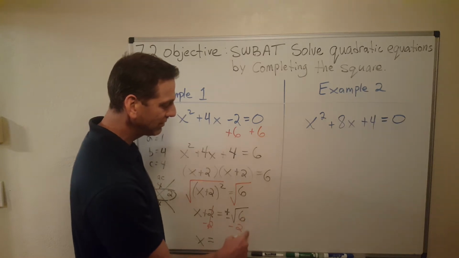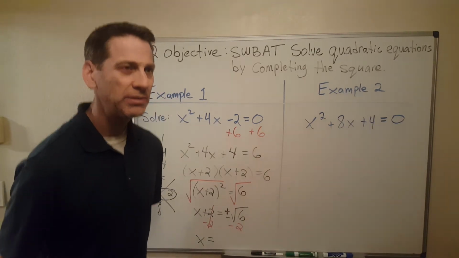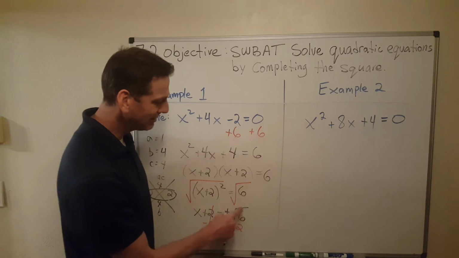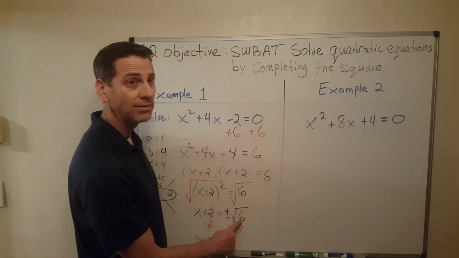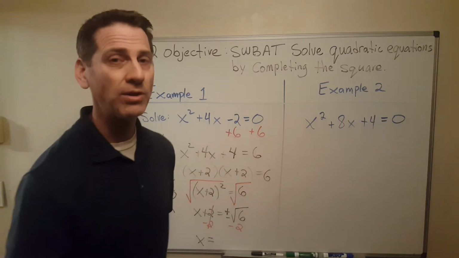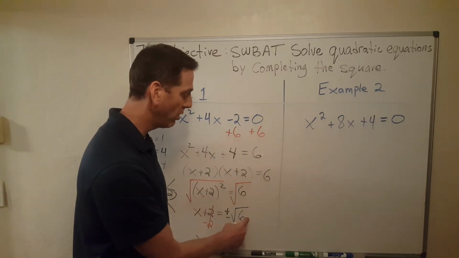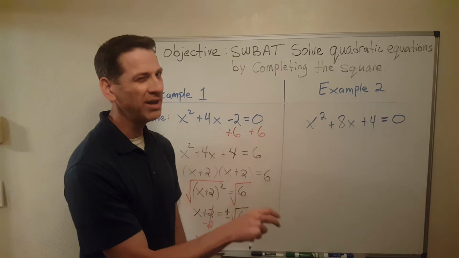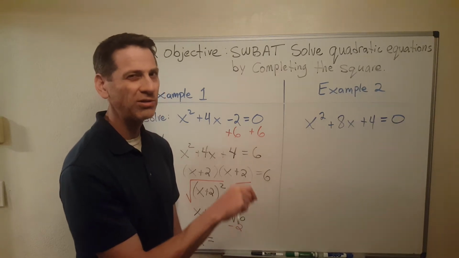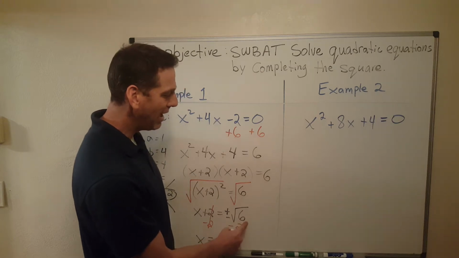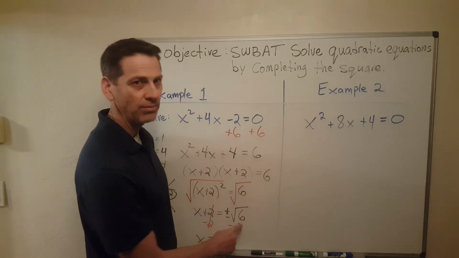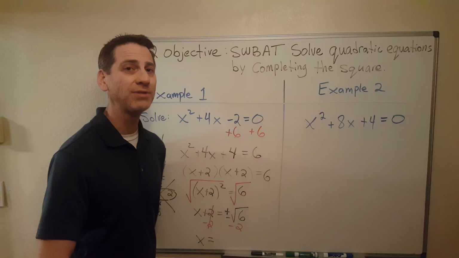Can I just go like 6 minus 2? I can't do that because this is not a 6. Looks like one, but it's not. That's the square root of 6. Kind of like if it was the square root of 4. Well, the square root of 4 is really not 4, is it? The square root of 4 is 2. Okay? So I can't just add the 6 with the 2 or subtract them. Can't do it. I have to leave them separated.